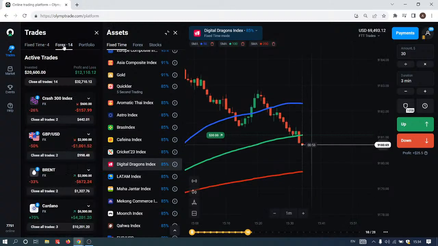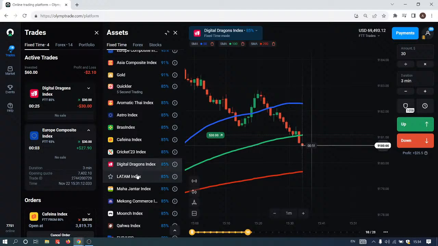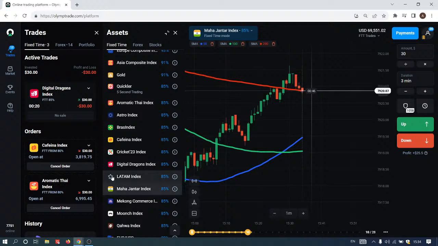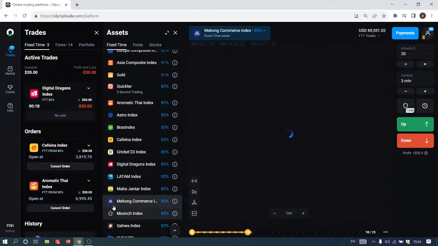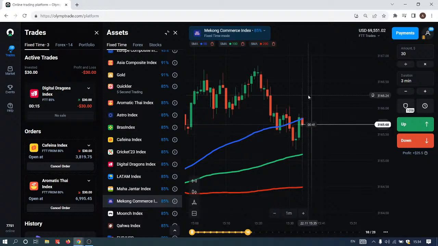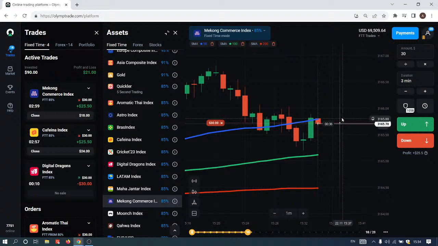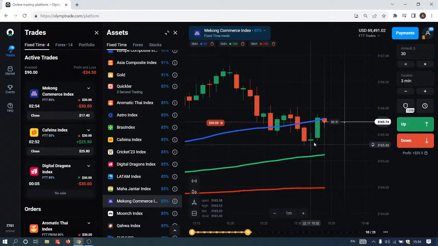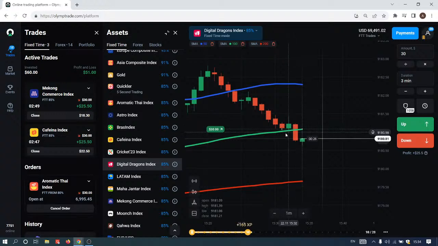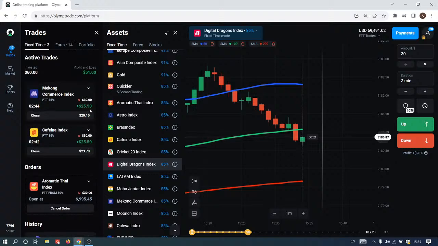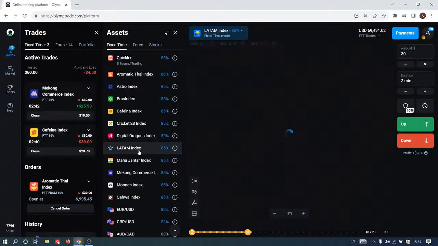Righty. So okay, Crash 300, no crash detected so far. Right, so let's open a down trade here. As you can see, we dropped below, and this is a classic pullback, and now it's dropping. All right, so unfortunately here the price didn't hold.